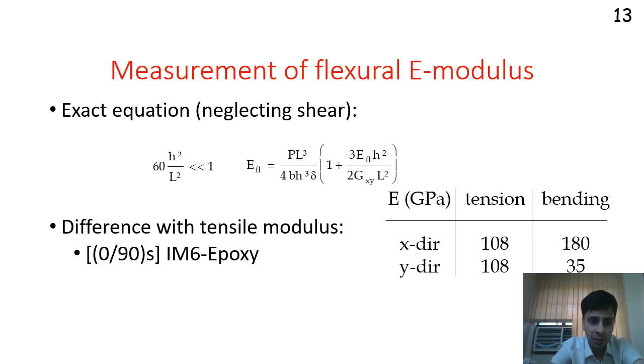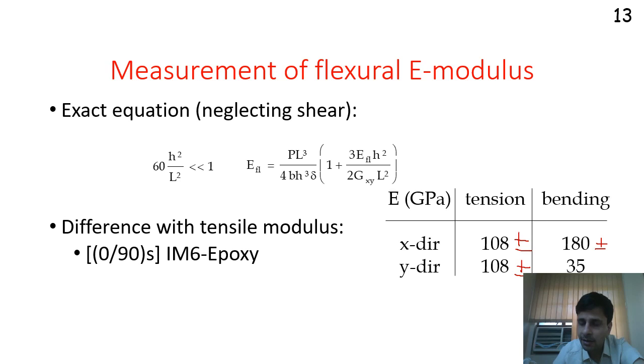Therefore, a 0/90 cross ply will have different stiffness in the x and y direction but the same tension properties in the x and y direction. This is coming directly from classical lamination theory. Also, an important point is that even though absolute numbers are written here, a correct thing to do would have been to say plus minus some value.